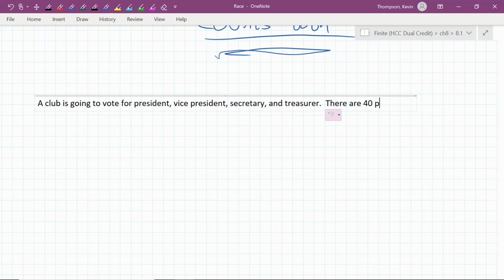There are 40 people in the club. How many ways can the officers be selected?